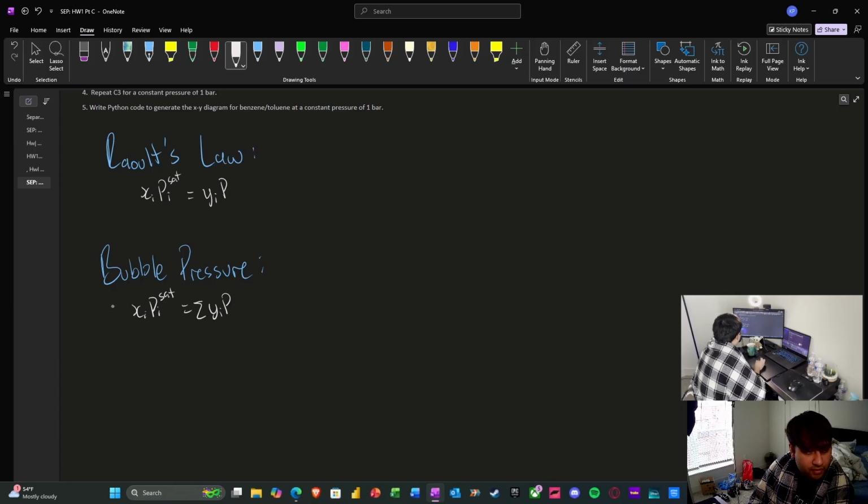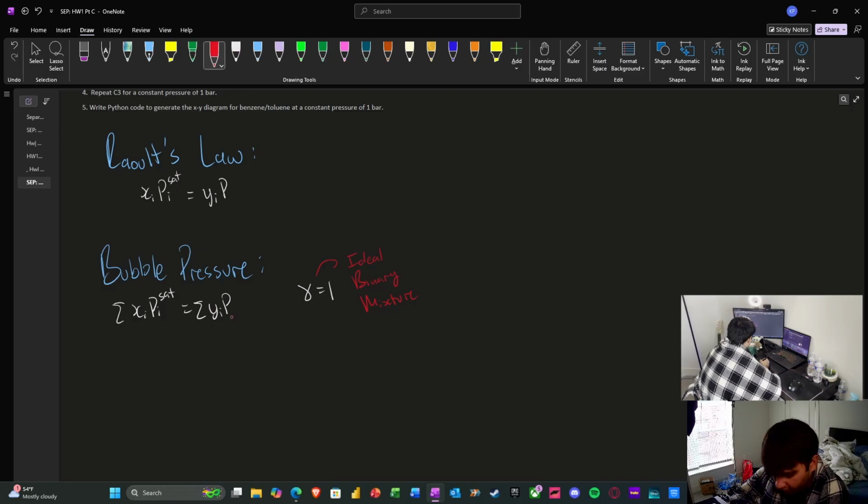and find the sum. Also, one thing to note, we have a little gamma value, but it's going to be equal to 1 in this case due to the fact that this is an ideal binary mixture. So we can just go ahead and neglect this.